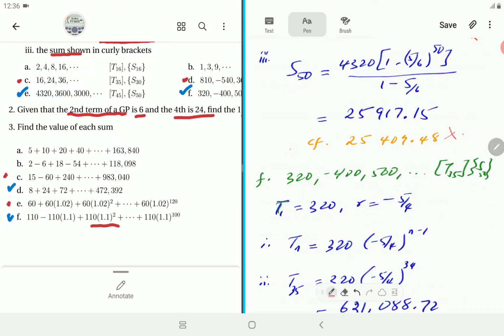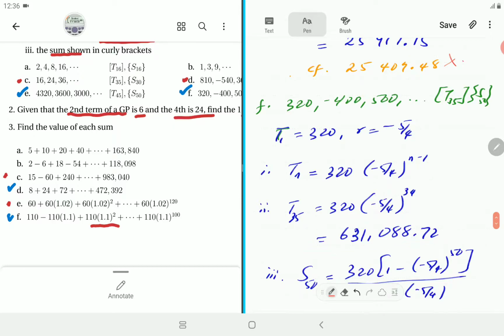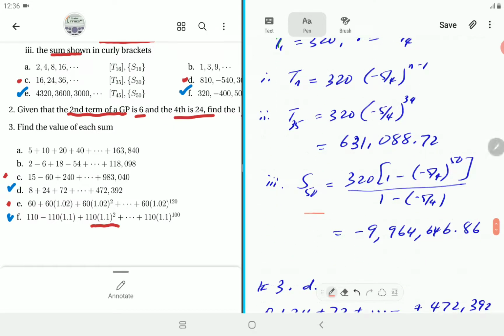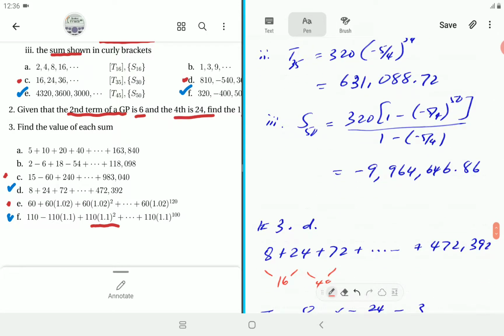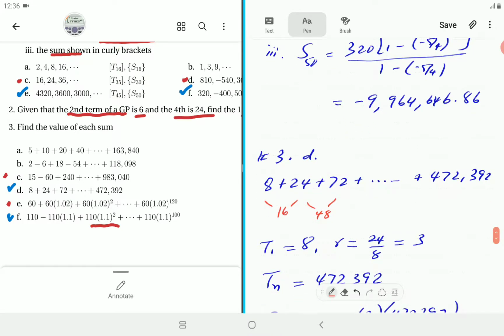The ratio is -5/4, so that's going to be your Tn, and term number 35 is going to be 631,088.72, and the sum of the first 50 terms is going to be given by that, -964,646.86.